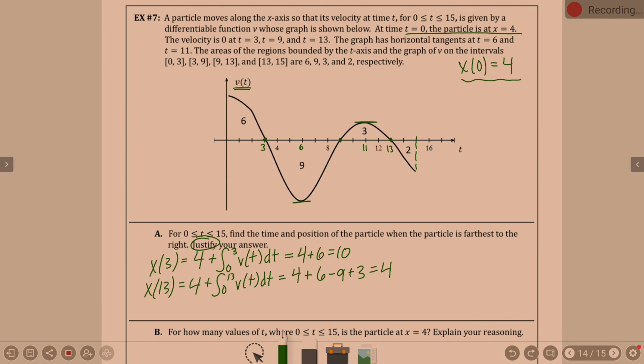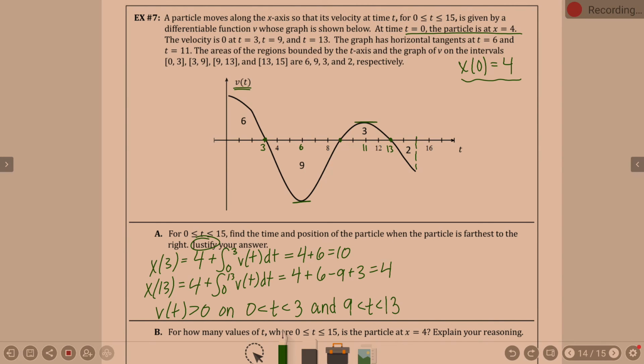Okay. Now, as part of a justification, we've shown our work. The other thing is that we need to mention why we checked at 3 and 13. Because that is when our velocity was positive, right? So I am going to say velocity was greater than 0 on 0 to 3 and 9 to 13.